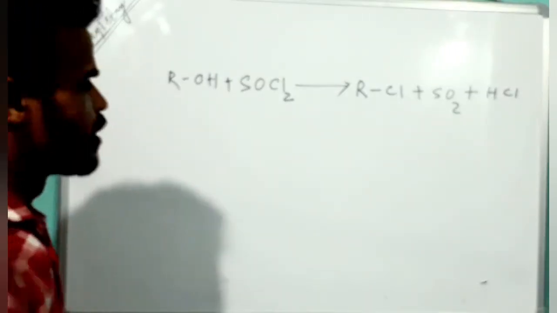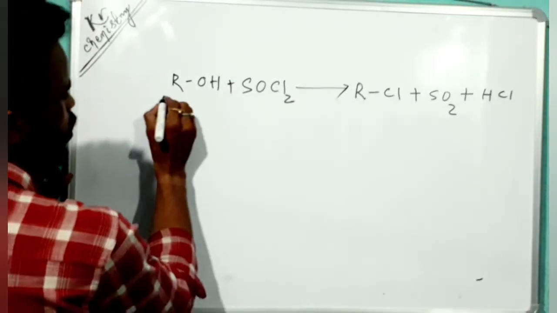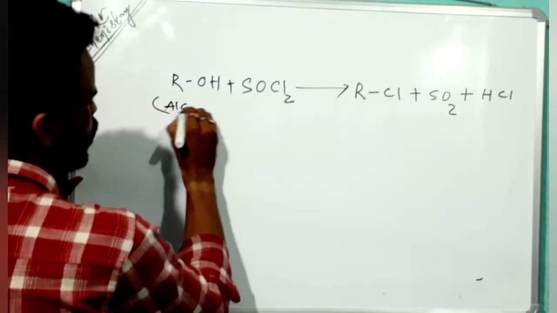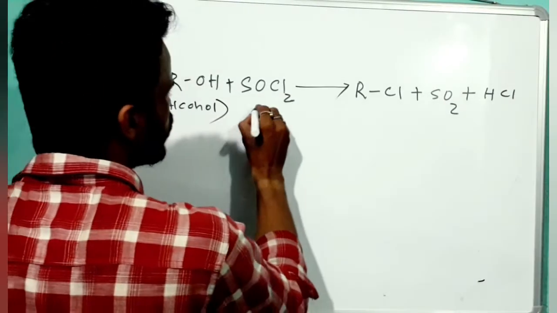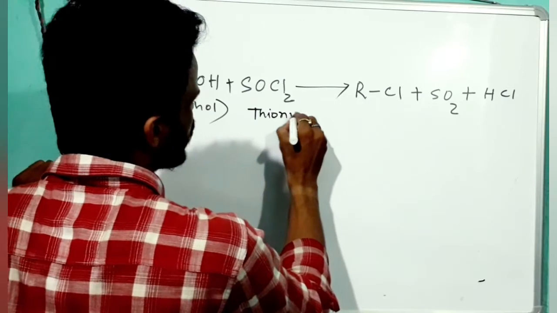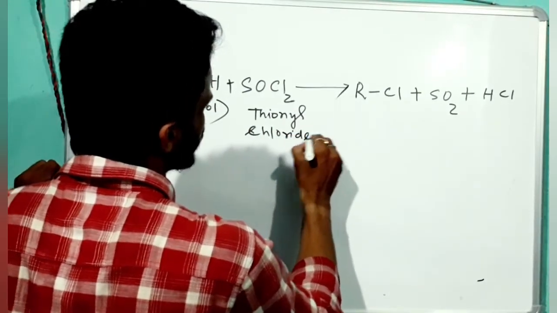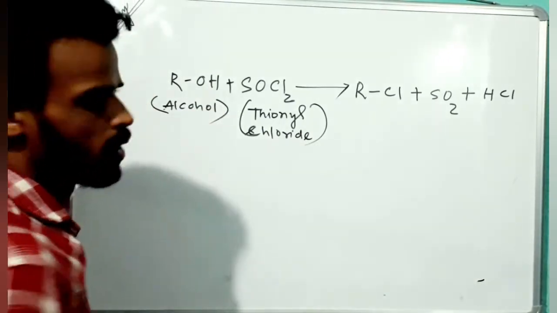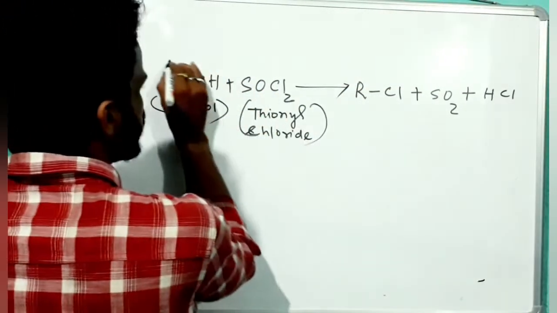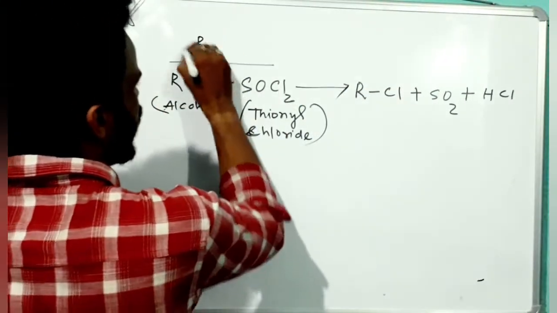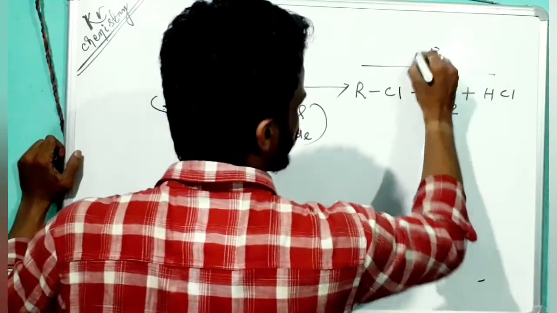By knowing this simple trick you have to follow. This is the symbol of alcohol. The name of SOCl2 is thionyl chloride. Here is the reactant side, and here is the product side.